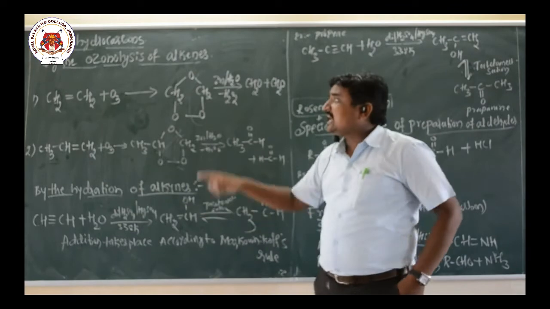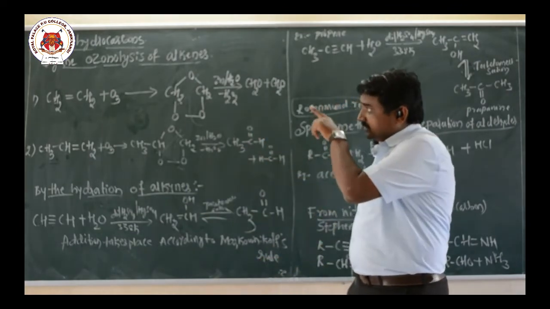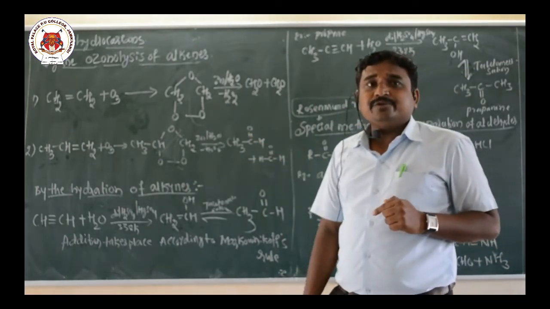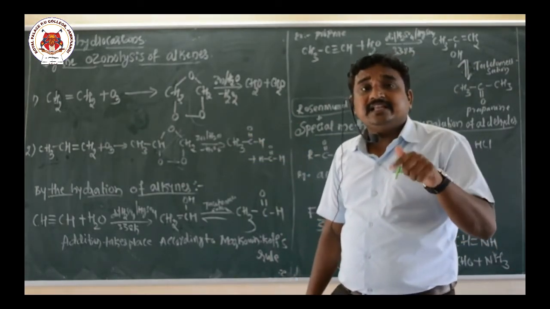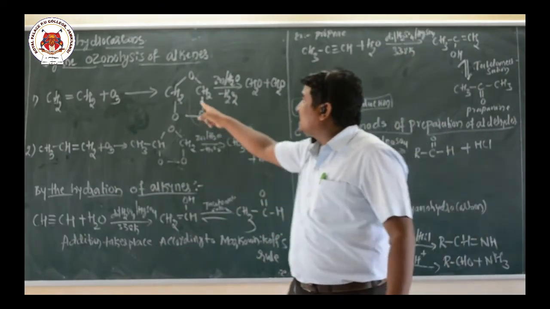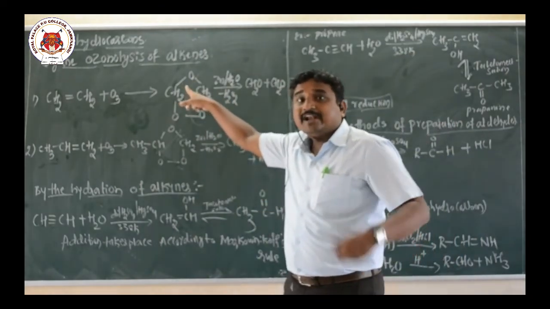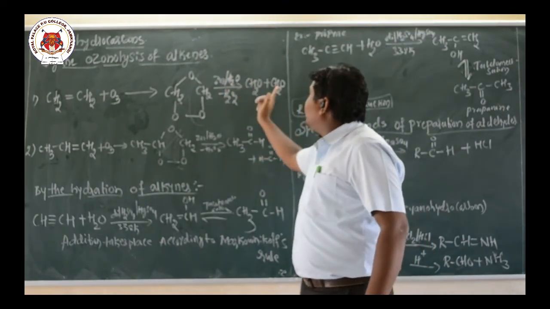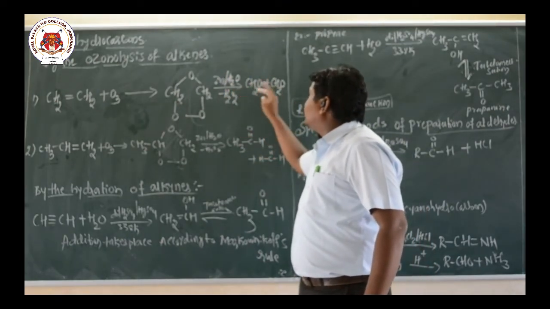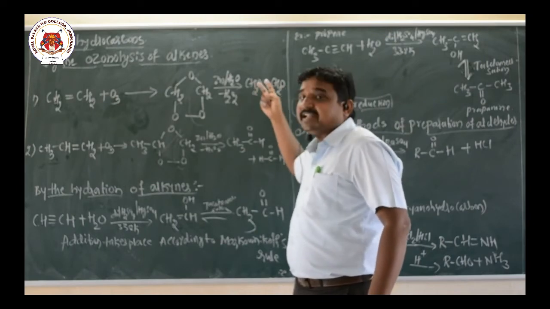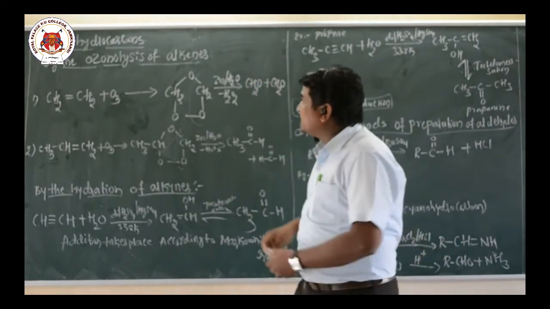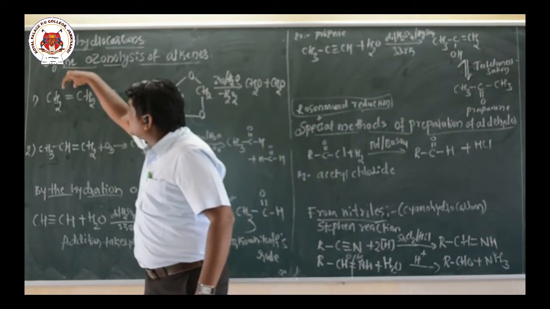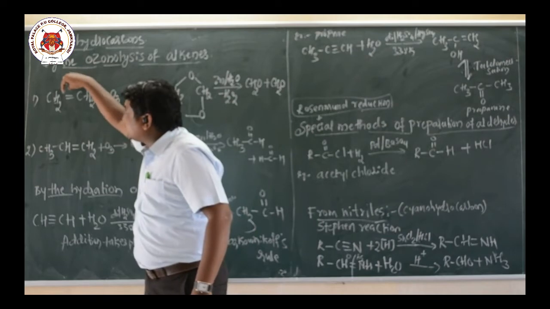So here I have taken one example, ethene. When ethene reacts with ozone, there is a formation of cyclic ethylene ozonide, which undergoes hydrolysis in presence of zinc catalyst, and there is a formation of 2 moles of formaldehyde, CH2O. Here, the oxygen forms a cyclic ozonide at the carbon atoms containing the double bond.